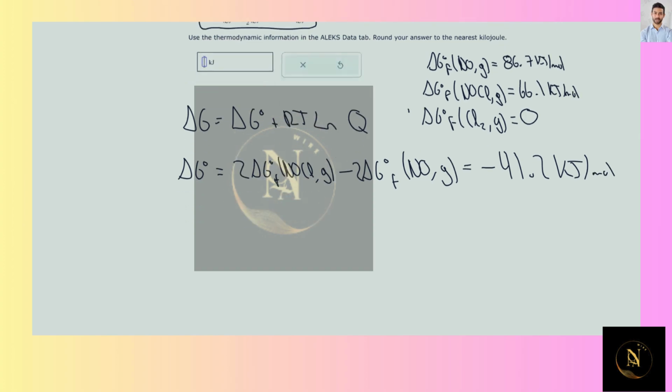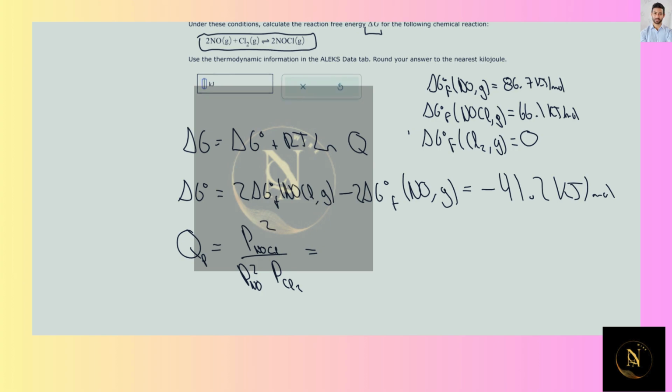Remember that the delta G of formation for Cl2 in gas phase is going to be equal to 0 because it's an element in its standard state. So what we're going to get is 66.1 times 2 minus 86.7 times 2, which gives us a delta G standard of minus 41.2 kilojoules per mole of reaction. You can actually leave it as kilojoules if you want.